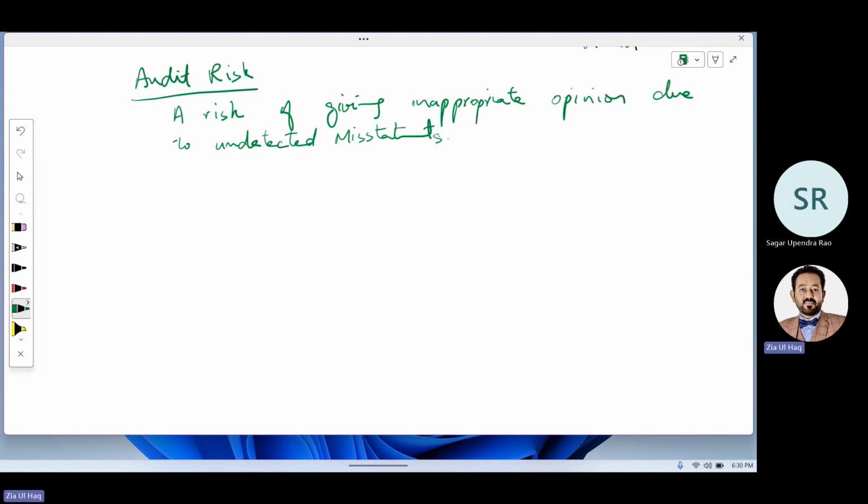There are three components of audit risk through which we can identify and assess whether audit risk is high or low. What are its components? Inherent risk, control risk, and detection risk.